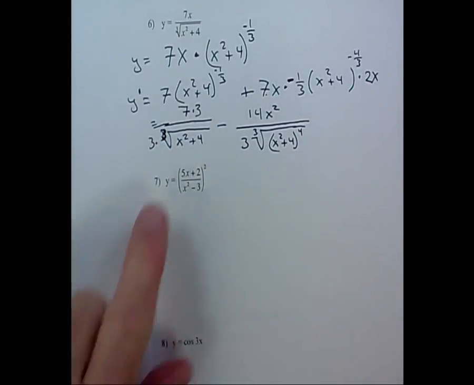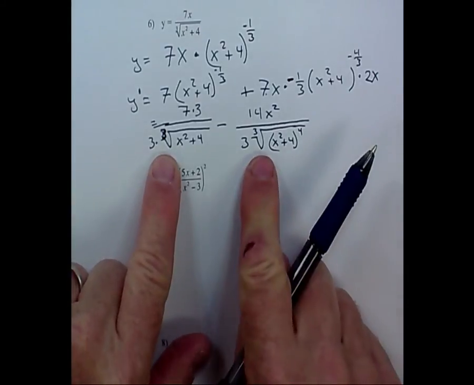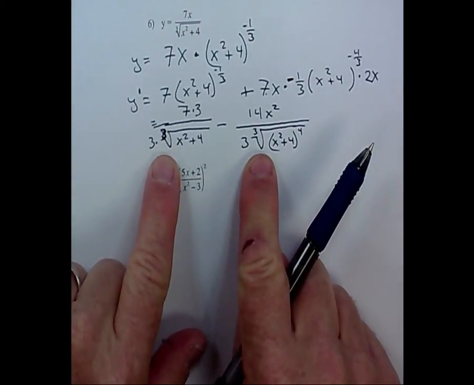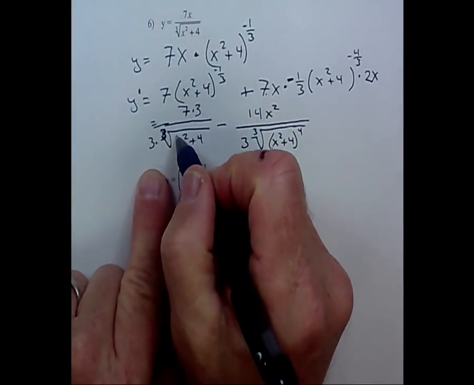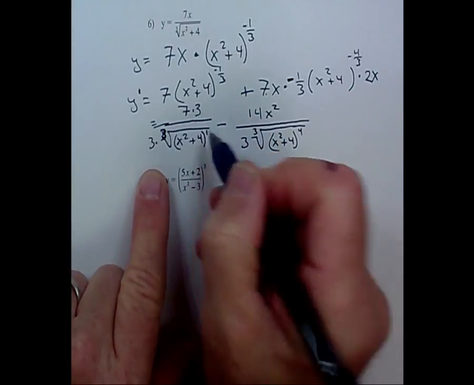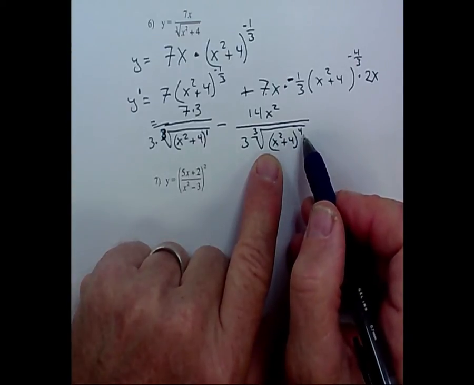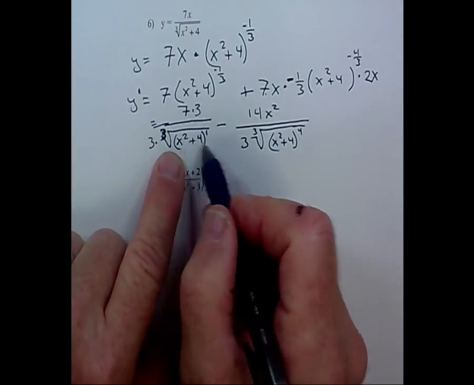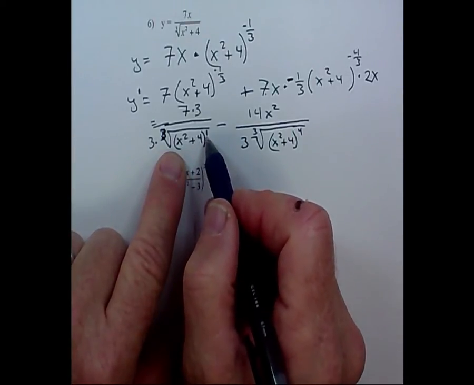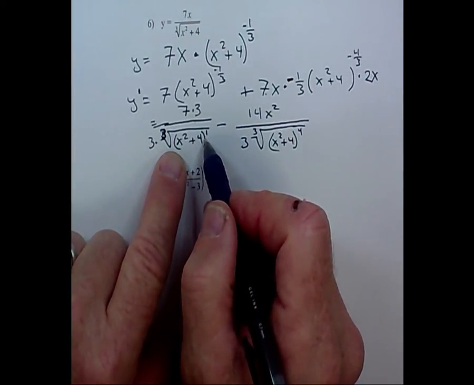The other thing, I already got a cube root here, and I already got a cube root here, correct? But inside here, I only have x squared plus 4 to the first power, and inside here, I got x squared plus 4 to the fourth power. So how do I make this x squared plus 4 to the fourth power, don't I? How do I do that? X squared plus 4 to the third.